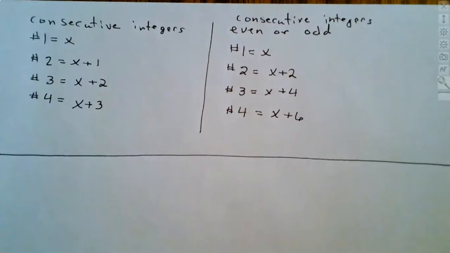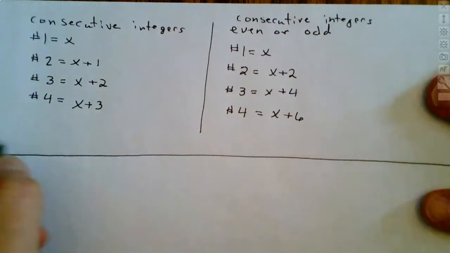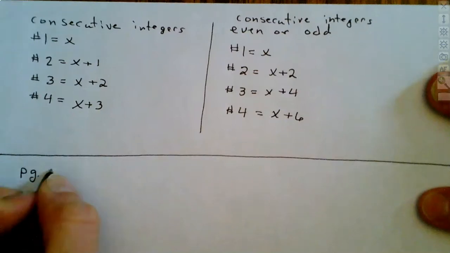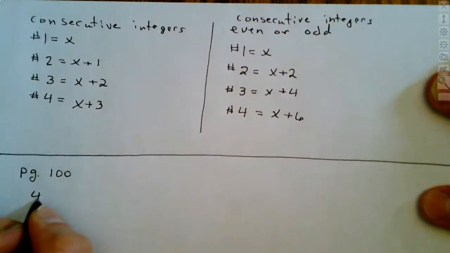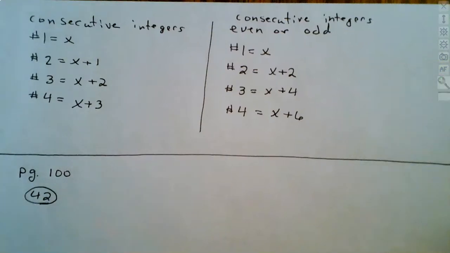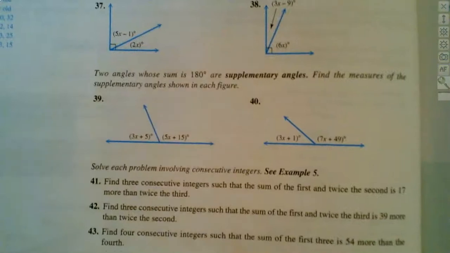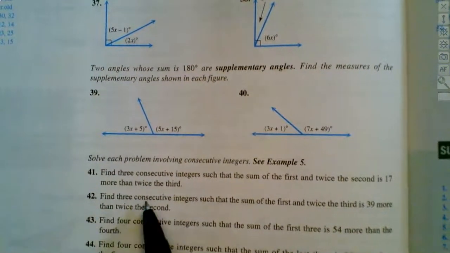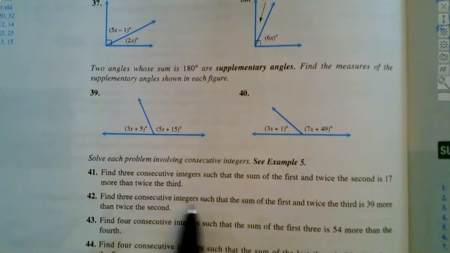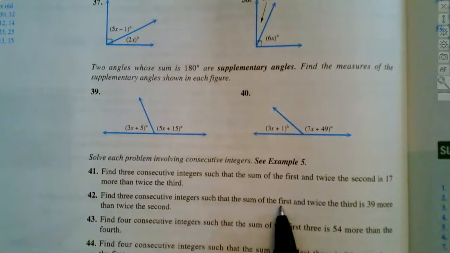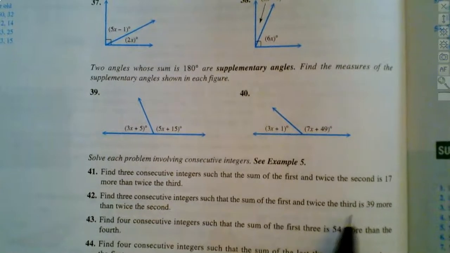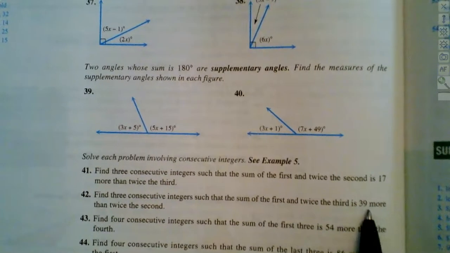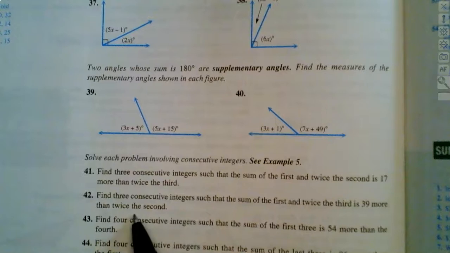So let's look now at question 42. And this is on page 100, number 42. Find 3 consecutive integers such that the sum of the first and twice the third is 39 more than twice the second.